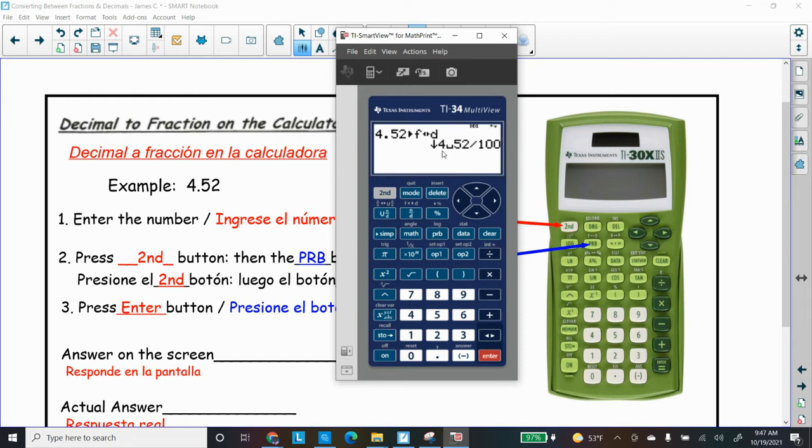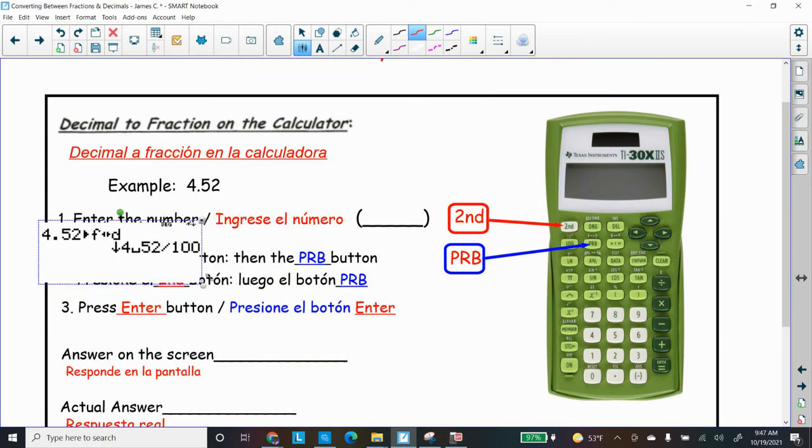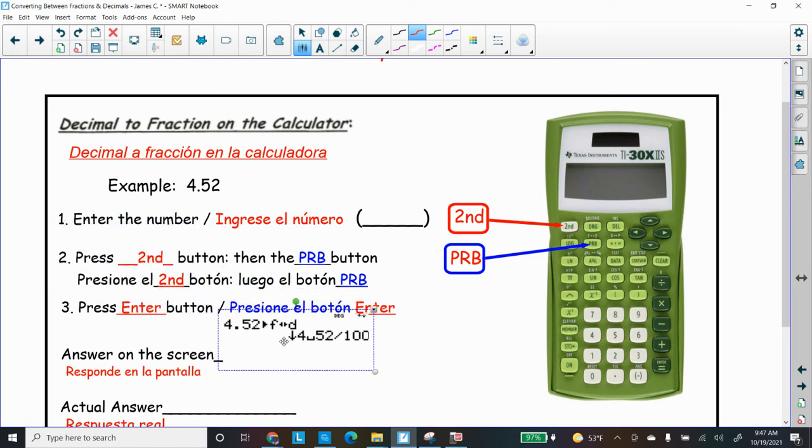You get 4, a little U, 52/5. So let me pull that out. That's exactly what you see on your calculator screen. And as I said in class, what does that mean? It means 4 units. So the 4U would be 4 whole units. Then you've got the 52/100, which is the remaining fraction.